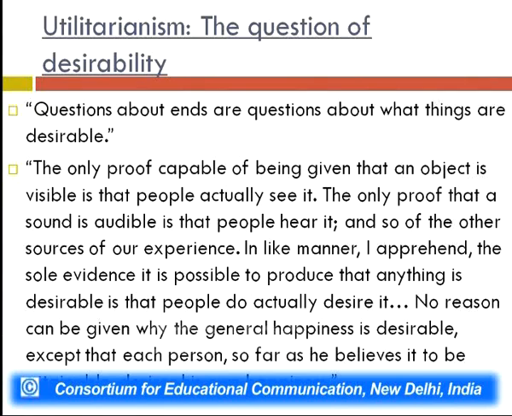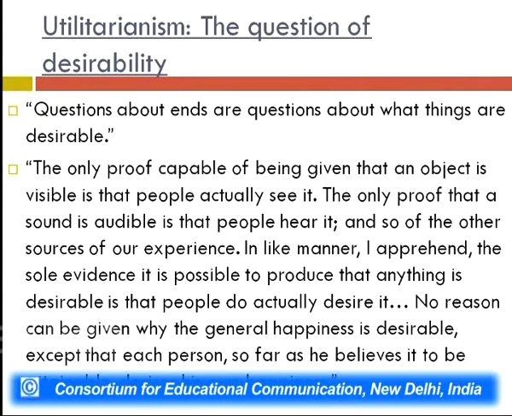So the point here that we are raising is that whether some people desire something, and whether that thing is desirable, are two different order questions. Saying that somebody desires, or all of us desire, one particular thing is a kind of statement of fact. We are just describing that almost all of us desire happiness.